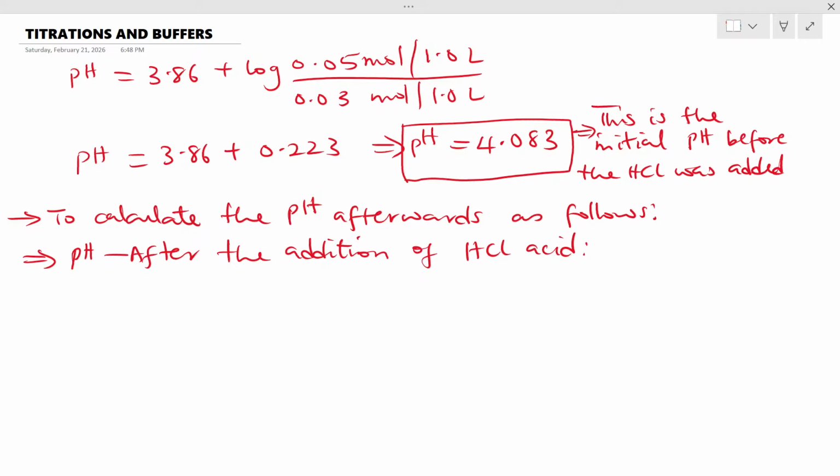So after the reaction upon addition of the H plus, we have as follows.